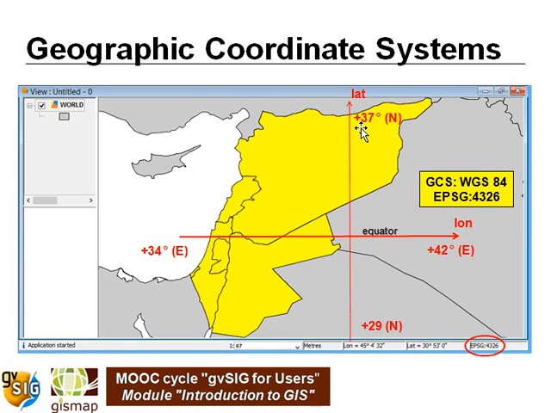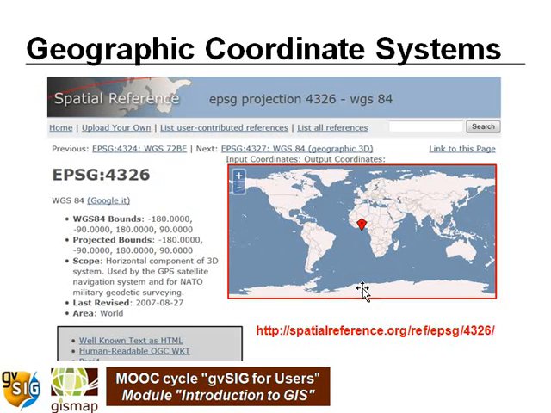This is just an example to show you how it can be loaded into gvSIG, and you see here the coordinates expressed in latitude and longitude in degrees. Here you have more information on the page spatialreference.org, where we can find more about these geographic coordinate systems.